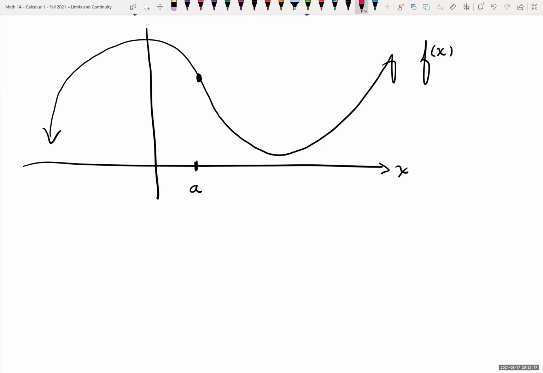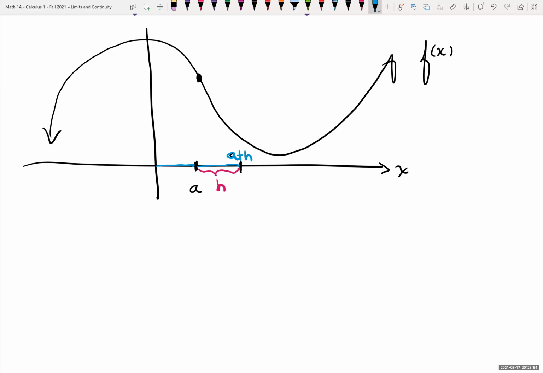So let's say that I just add some value in here of h. This length in here is h. So really I can call this x value a plus h, because a plus this length of h gives me a plus h.